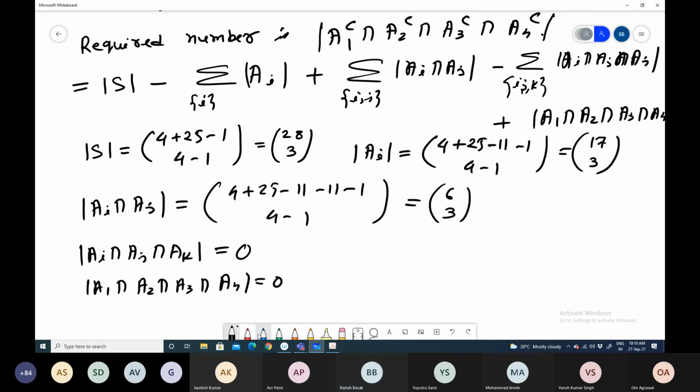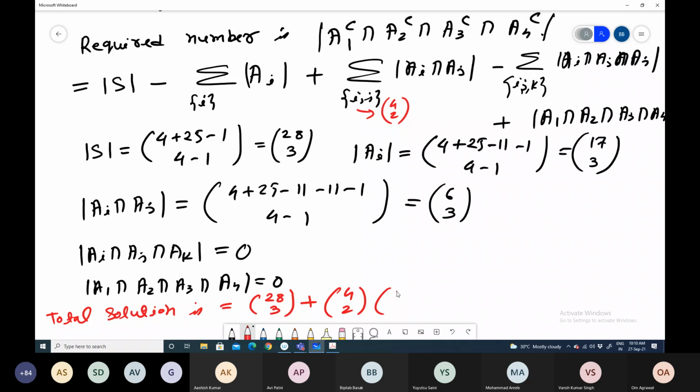Then the total number of solutions is 28C3 plus, and you have a total of 4 choose 1 elements, each with the same number, so 4C1 times 17 choose 3.